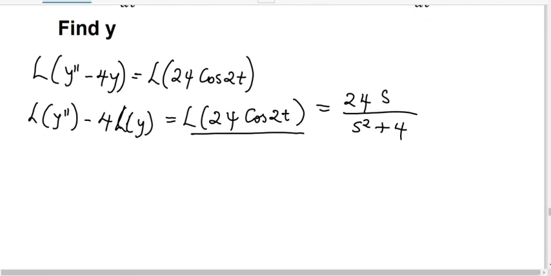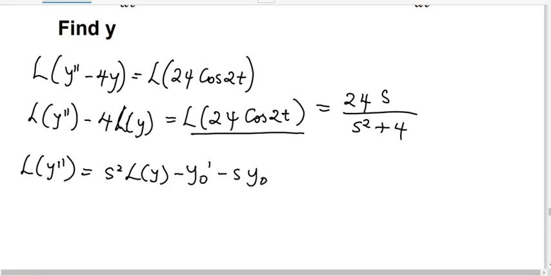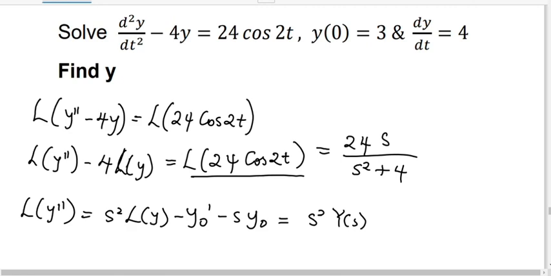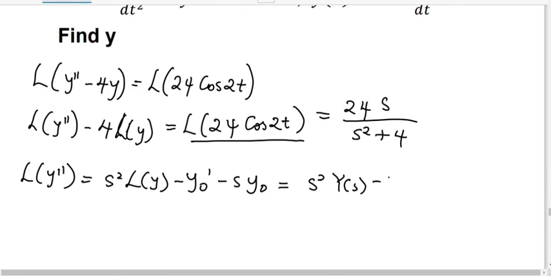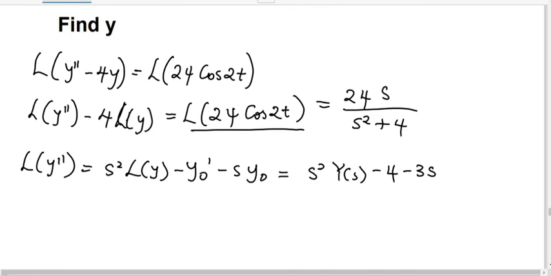Okay, but then the Laplace transform of y double prime will give us s squared times the Laplace transform of y minus y naught prime minus s y naught. And this is s squared capital Y of s. y naught prime is 4, so this will be negative 4, while y naught is 3, so this will be 3s.